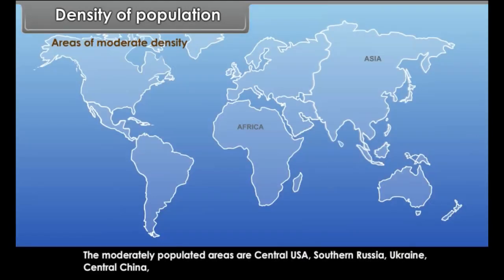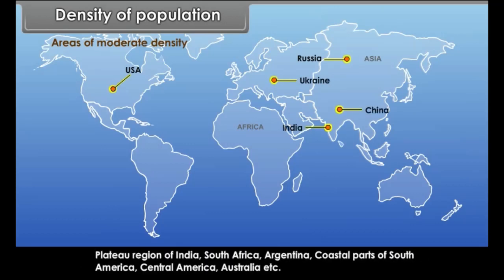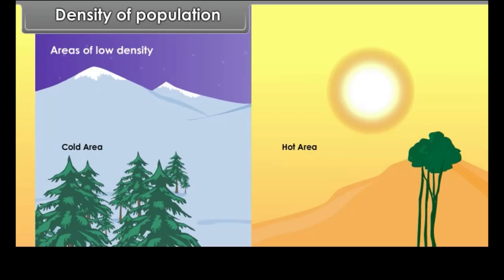The moderately populated areas are Central USA, Southern Russia, Ukraine, Central China, Plateau region of India, South Africa, Argentina, coastal parts of South America, Central America, Australia, etc. Areas of low density.